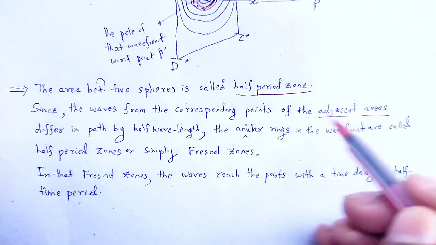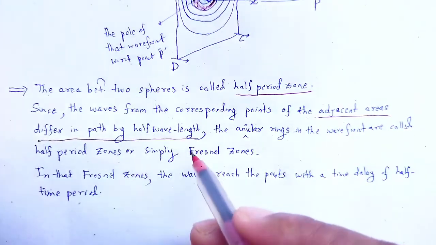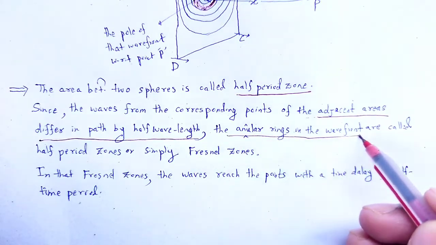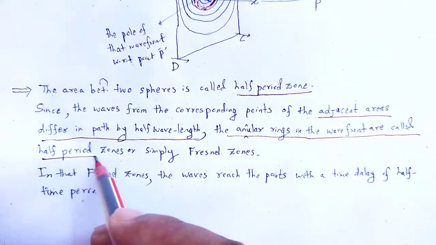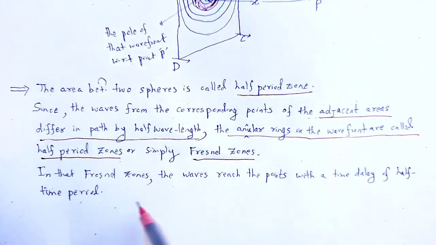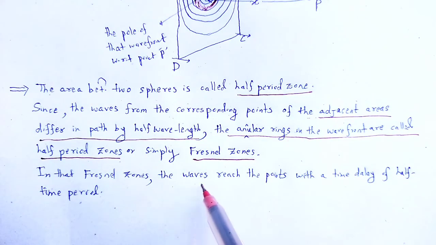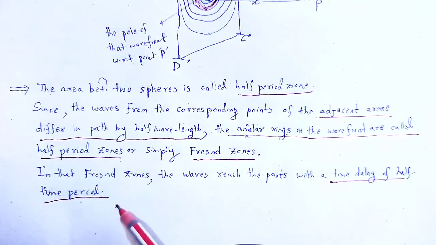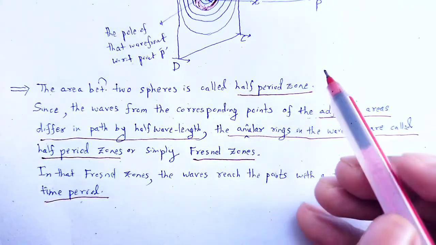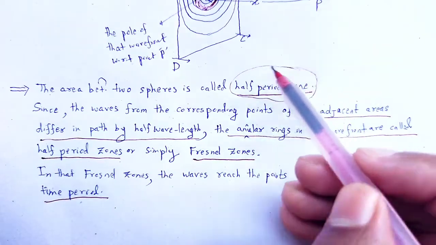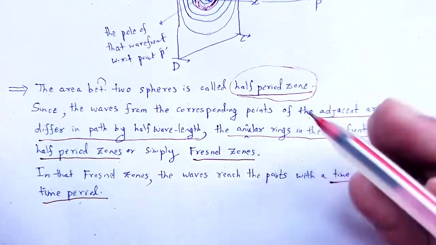The adjacent areas differ in path by half wavelength. The annular rings of the wavefront are also called half period zones, simply Fresnel's zones. In Fresnel's zones, the wave reaches the points with the time delay of half time period. Therefore, the Fresnel strips are known as half period zones.